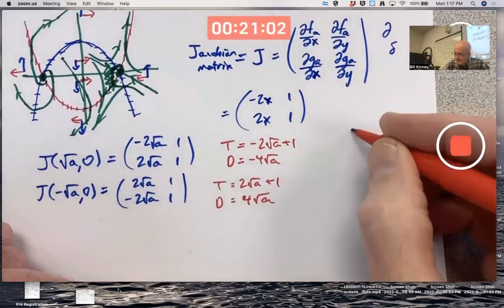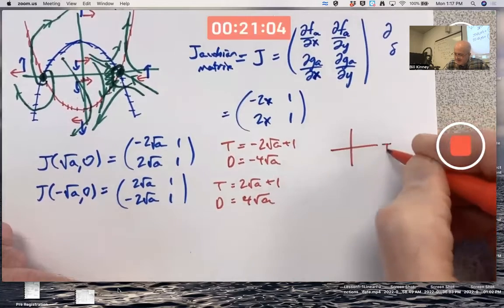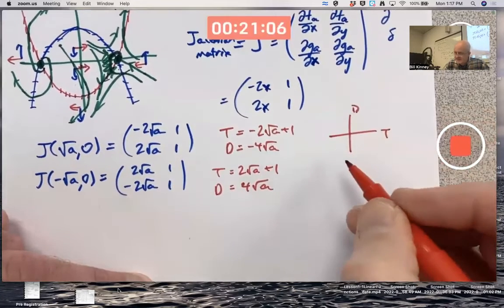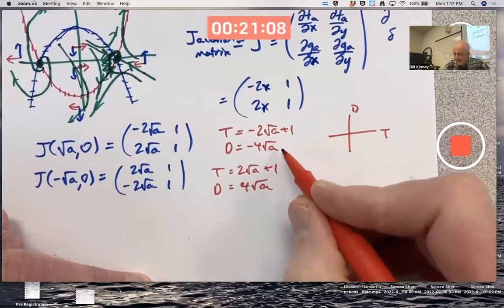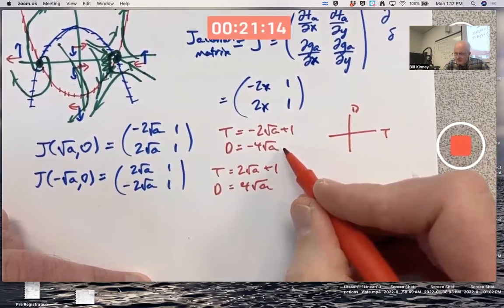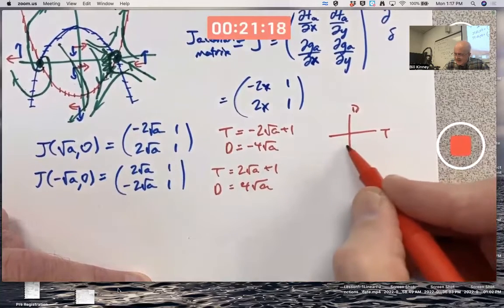Think about the trace-determinant plane. For this one, no matter what a is, as long as it's positive, so you're not taking a square root of a negative number, no imaginary numbers here, the determinant is negative, you're down here somewhere.